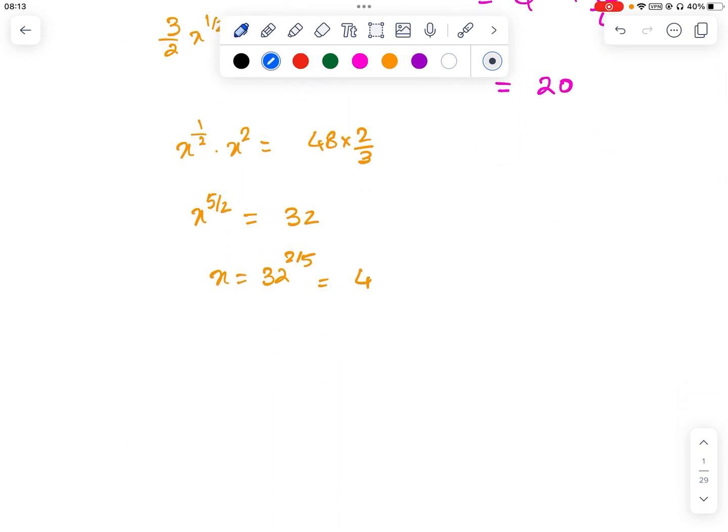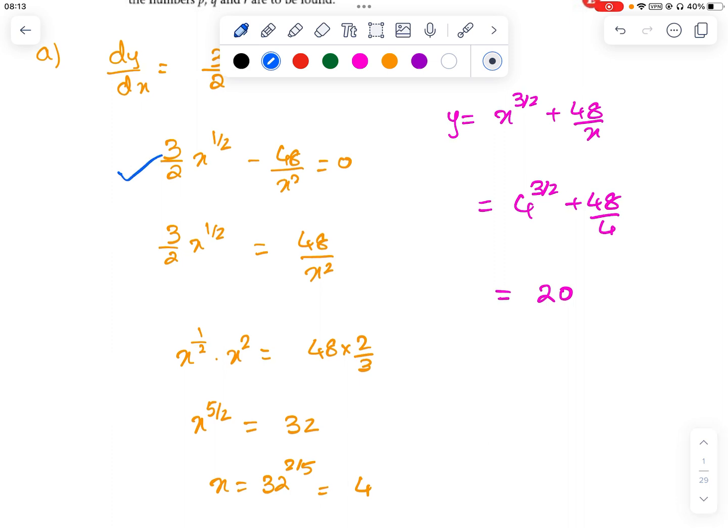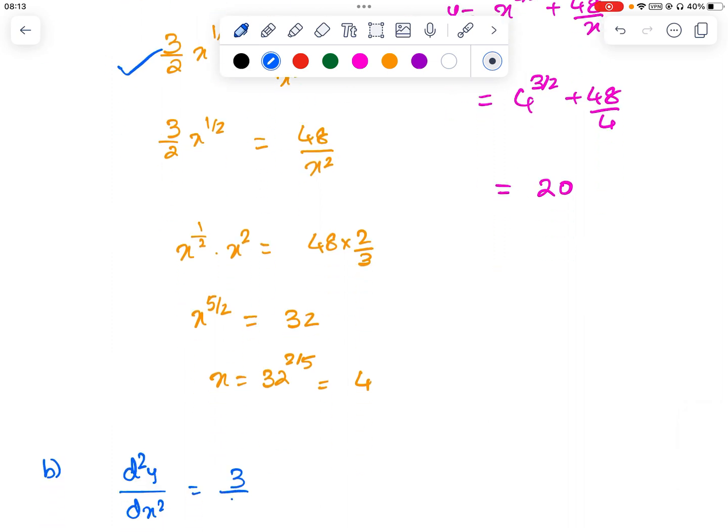So for showing that, what am I supposed to do? Find the second derivative, d square y upon dx square. This one was the first derivative, then the second derivative: 3 upon 2 times 1 upon 2 x power negative 1 upon 2 plus 48 times 2 times x to the power of negative 3.